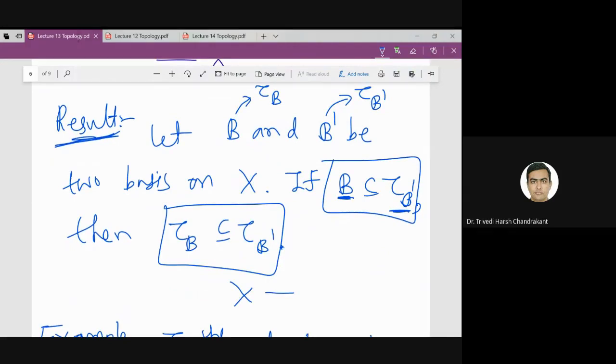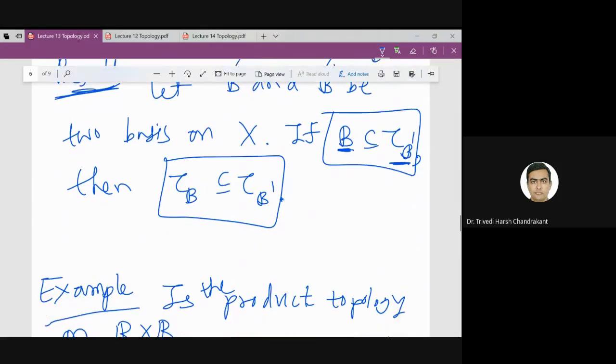Here, the proof is quite simple. So what is tau B? Tau B is nothing but the union of B alpha such that, as you said, alpha belongs to the index set, and each B alpha is a basis element.